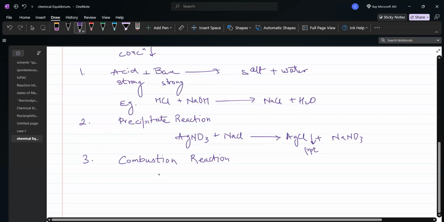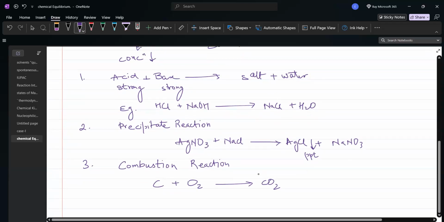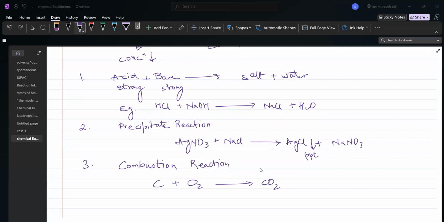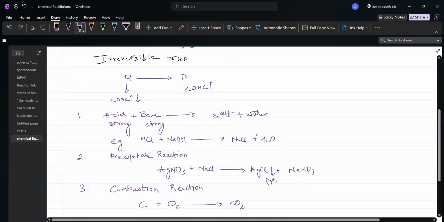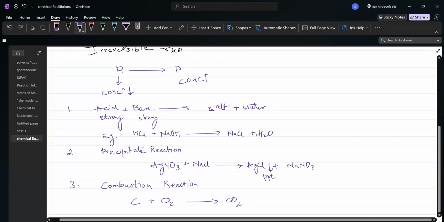It is not possible. For example, coal is burnt. Coal is made up of carbon. When we react carbon with oxygen, it will convert into CO2. This reverse will never happen. Okay, this will go in the forward direction only, and both will get exhausted, and this will form. Okay, has everybody understood till this point? Yes. Okay, good. Kindly note this down.